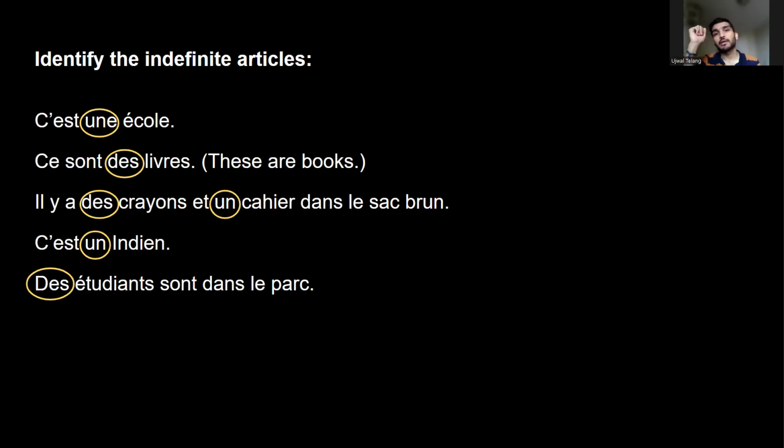If you were using the in English, then it's probably going to be le, la, les, or l'apostrophe. We'll study that later. That's called definite articles, les articles définis, and these are called indefinite articles, les articles indéfinis.